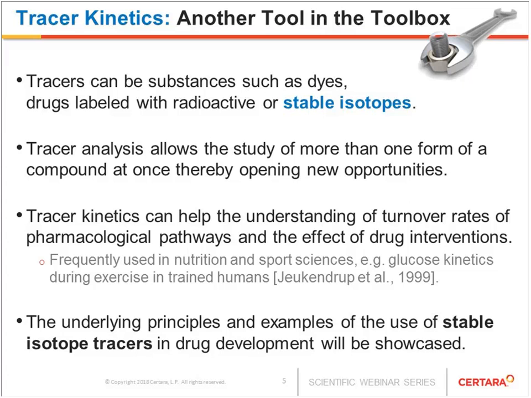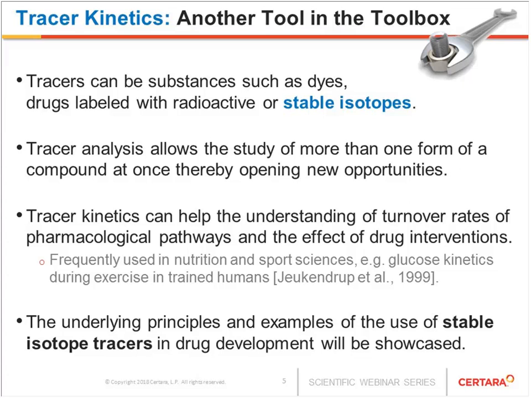So indeed, tracer kinetics can help us in the understanding of turnover rates of pharmacological pathways or physiological pathways. And this is indeed a technology that is very often used in sciences such as nutrition sciences and sports sciences.